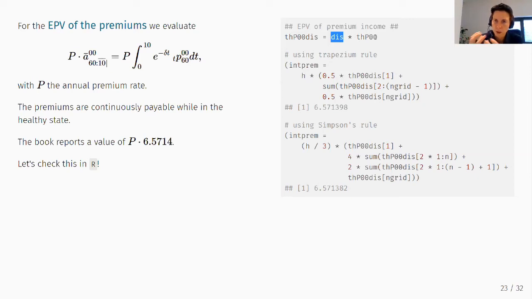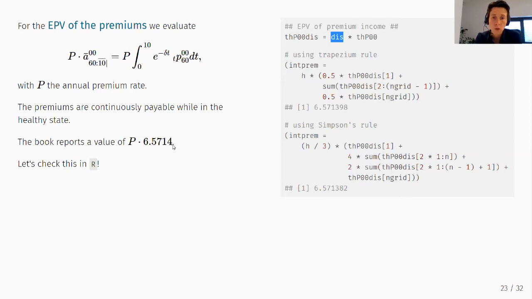If I multiply these two in an element-wise way, then I get exactly what I need in the integral. And having this vector, I can then apply the trapezium rule or the Simpson rule. That's exactly the same kind of code as we discussed earlier on, and I retrieve here the numerical value for this integral.